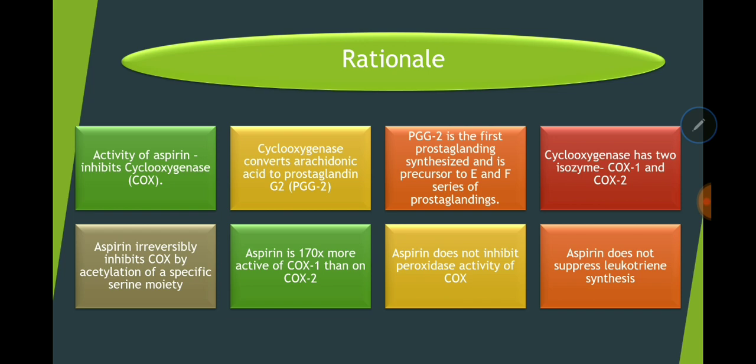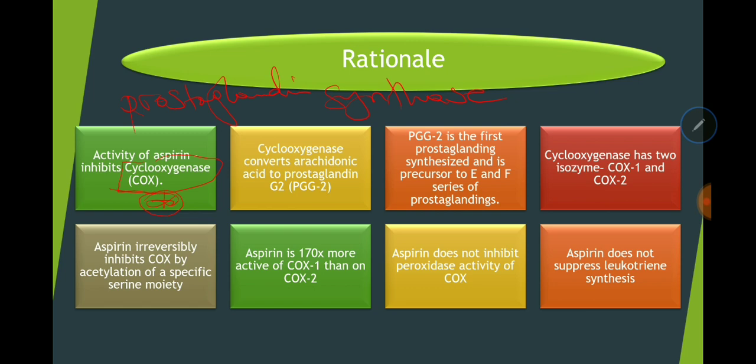So the activity of aspirin: it inhibits cyclooxygenase, and towards the end here, we're going to see some of the schematics of the pathways of cyclooxygenase. It inhibits cyclooxygenase, which is abbreviated as COX, and cyclooxygenase is also called prostaglandin synthase.